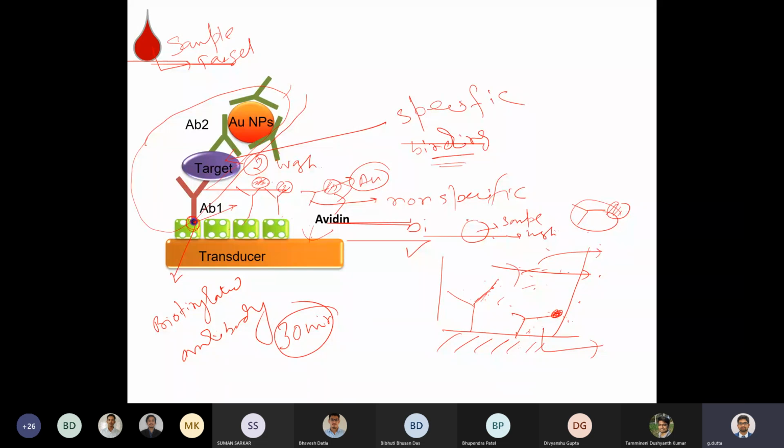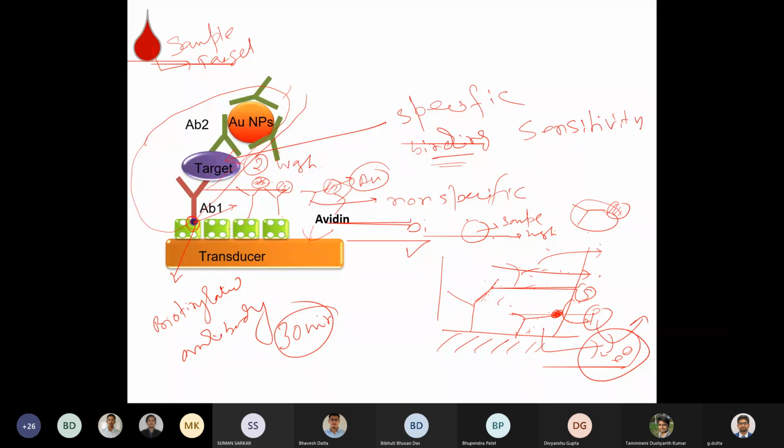Then this gold will catalytically react with your substrate and form the product. This product will be oxidized on your surface and you will get the electron transfer. Basically, then the background will be increased. Make it clear: because of non-specific binding, the background can be increased. So basically, the sensitivity of your sensor will be decreased during that time.